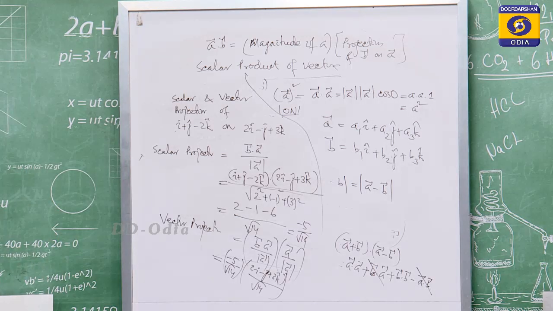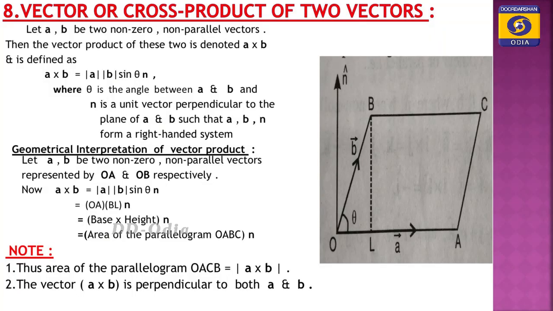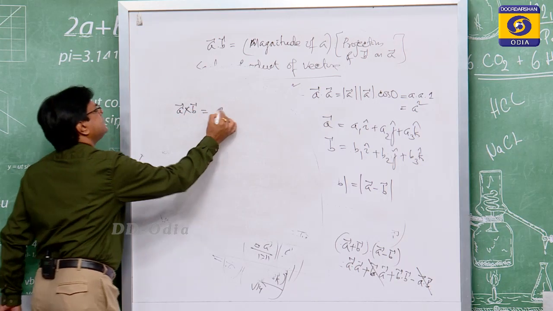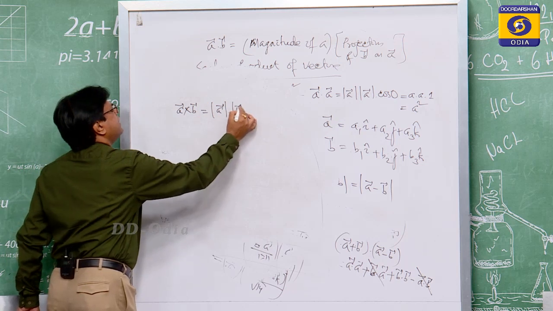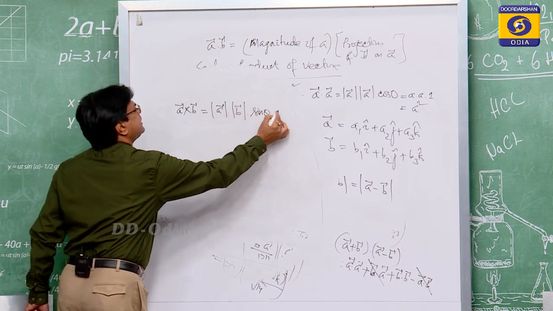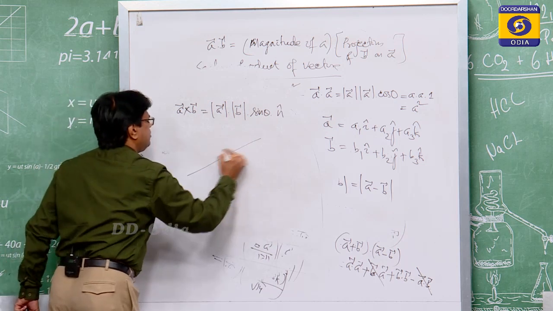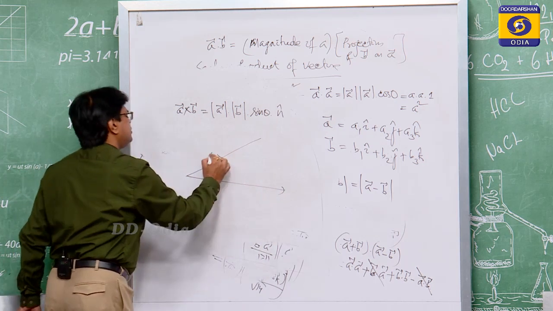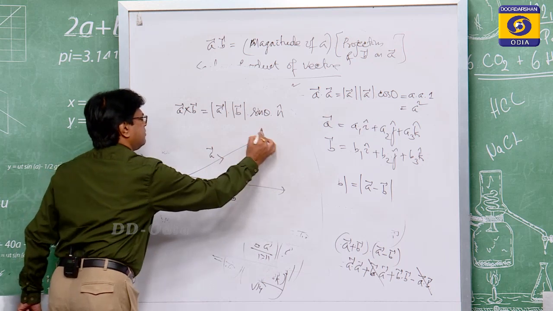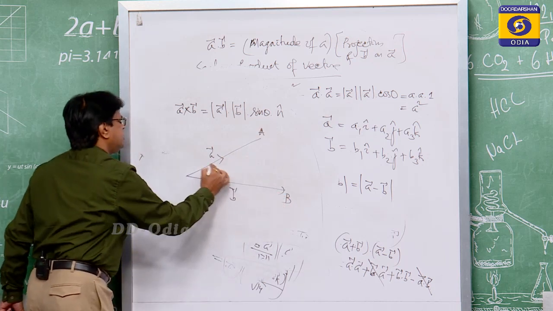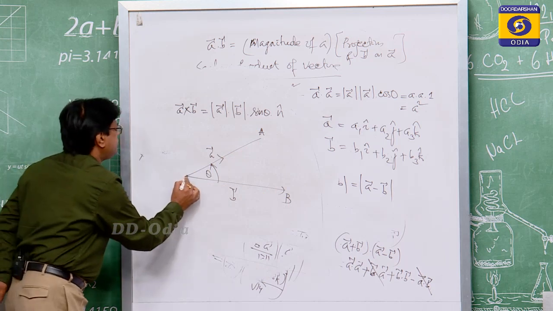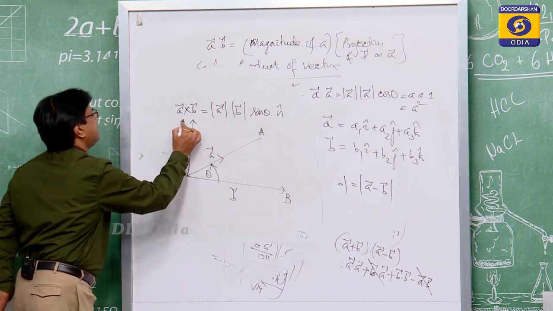Then come to the cross product of two vectors. We have already discussed that A cross B is equal to magnitude of A, magnitude of B, into sin theta into n cap. Suppose this is your A vector, this is your B vector, this is the angle theta, and this is your n cap.